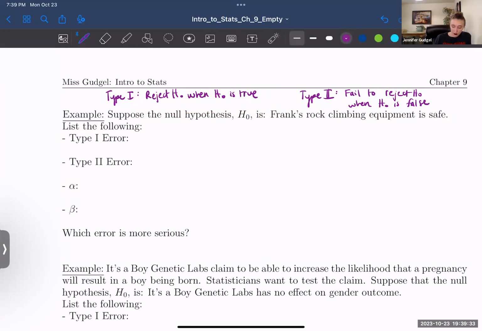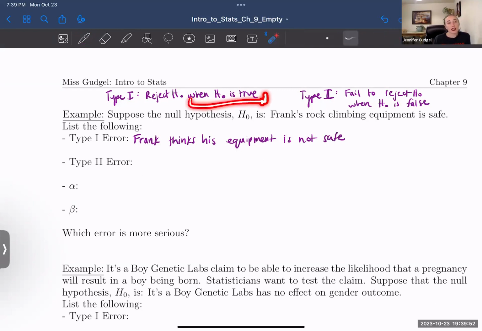So Frank thinks his equipment is not safe because we rejected the null hypothesis. That's the rejection part, when in fact, it was actually safe. H naught was actually true. All right, he thinks it's not safe when it actually is safe.